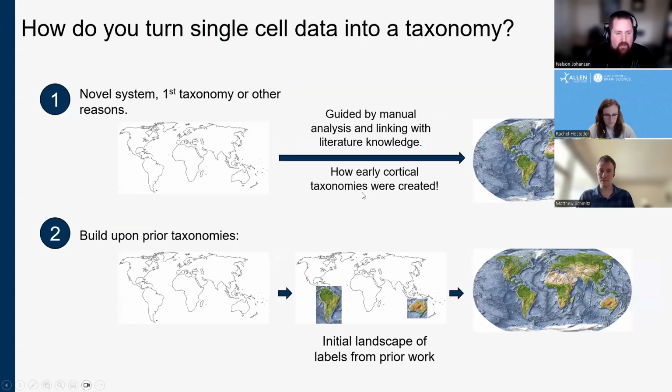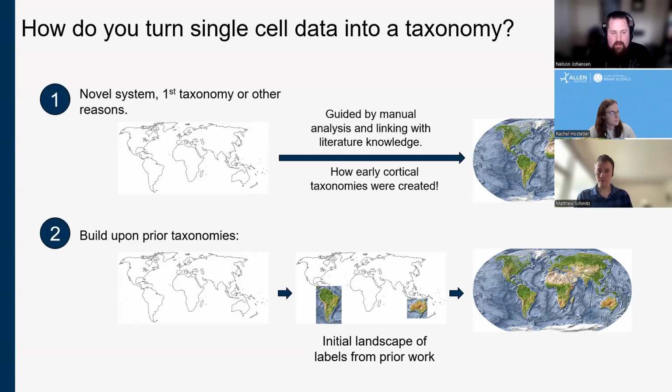There are a few different routes to go. Especially these days, it's common to use prior taxonomies. So, in my mind, you have two options. One of them is this is the first taxonomy you've seen for a region, and no one else has done work there. So you have to use a lot of manually curated work, going through papers and finding marker genes of cell types and really pulling this hierarchy together manually.